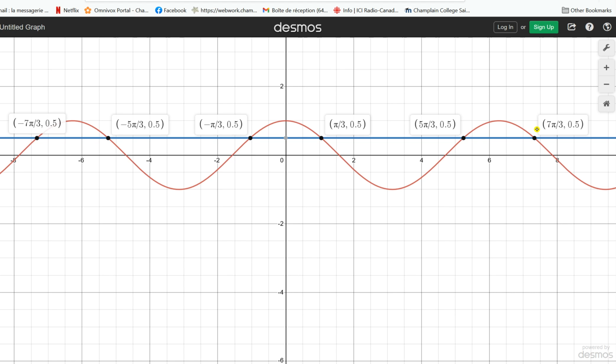So for example, here, if I wanted to only keep the angles between 0 and 2 pi where the cosine is 1/2, I would disregard all the other ones, except the two that are in between 0 and 2 pi, which are pi over 3 and 5 pi over 3. So sometimes we'll restrict the interval where we want to have our solutions.